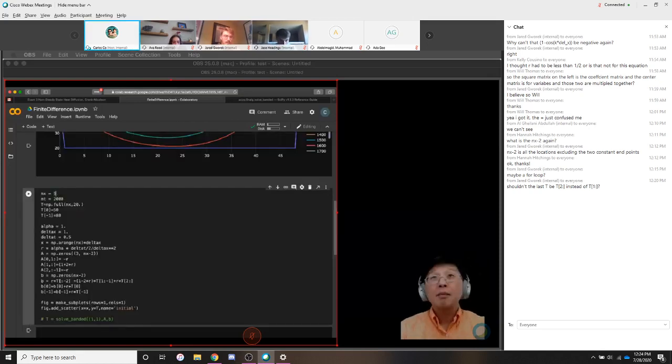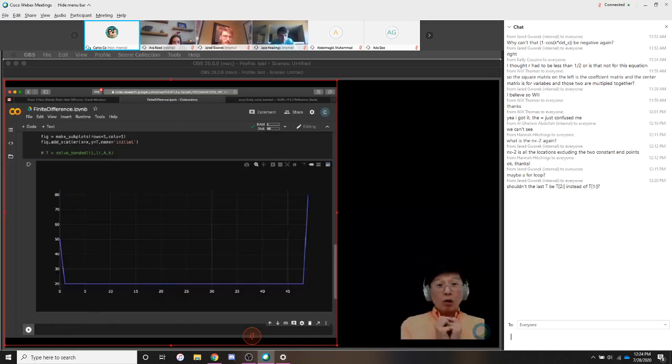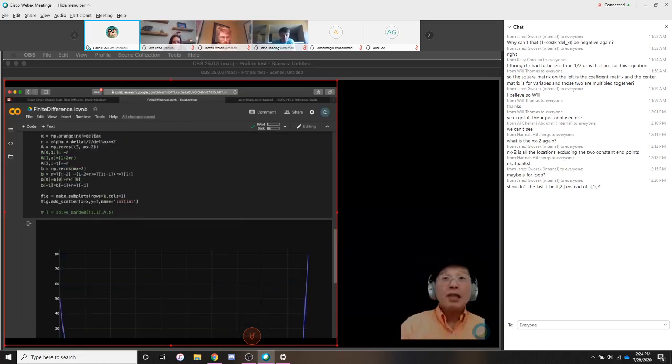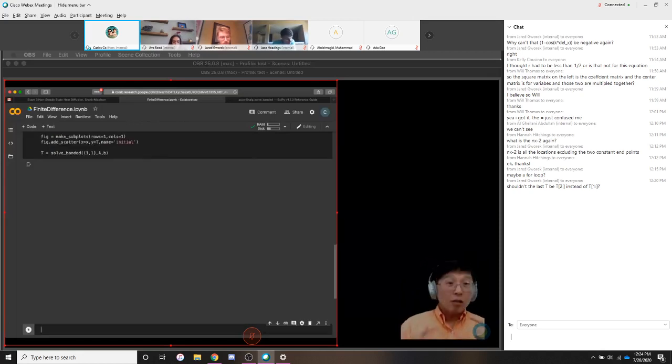This is our initial temperature profile. Let's make that 50, so we get something prettier. This is at time equal to 0. Notice everything's at 20. And then suddenly at time equal to 0, the temperature at the leftmost and rightmost positions shoot up to 50 and 80.